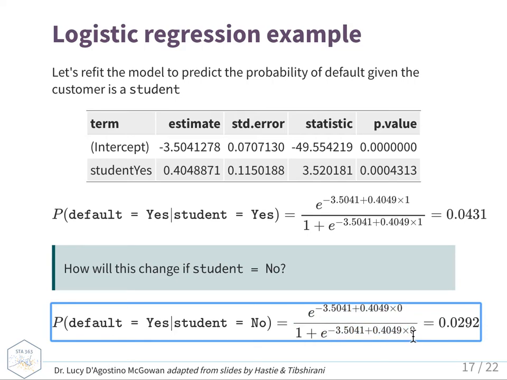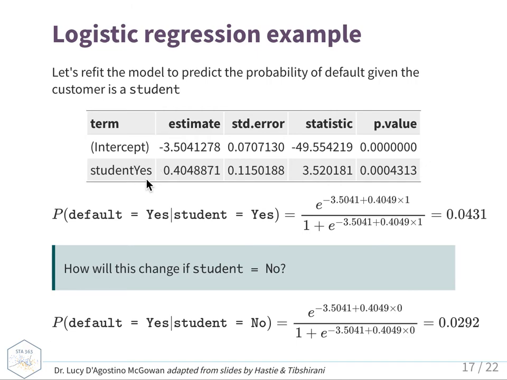Because this model only has 1 variable in it, when I'm at the referent category for that variable, I end up with just the intercept. So I would have e to the negative 3.5041 divided by 1 plus e to the negative 3.5041, and I end up with 0.0292. So the probability of defaulting given the customer is not a student is 0.0292.